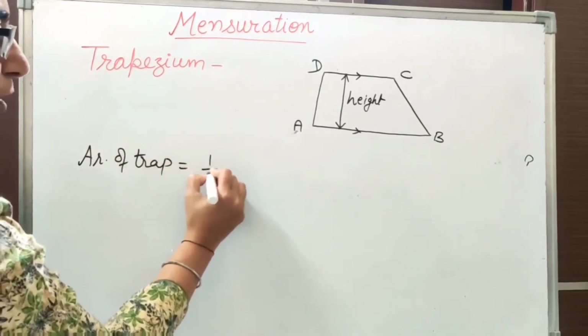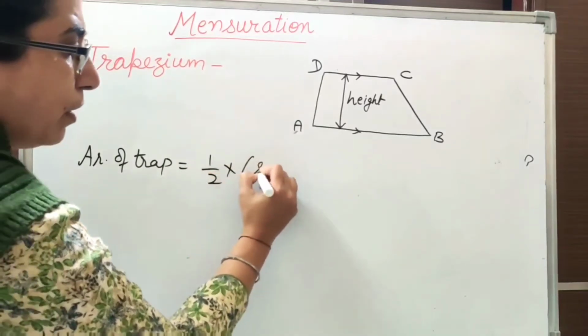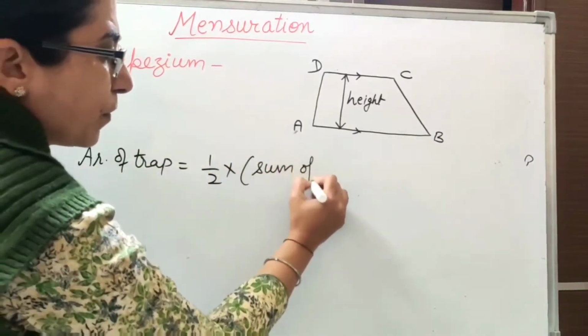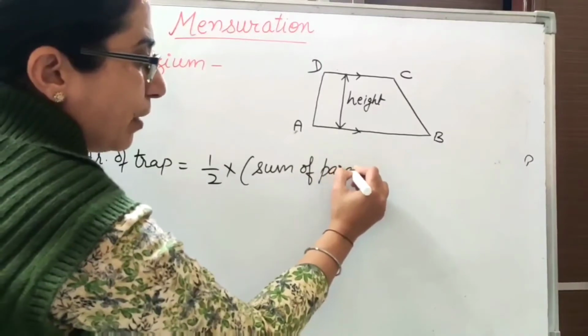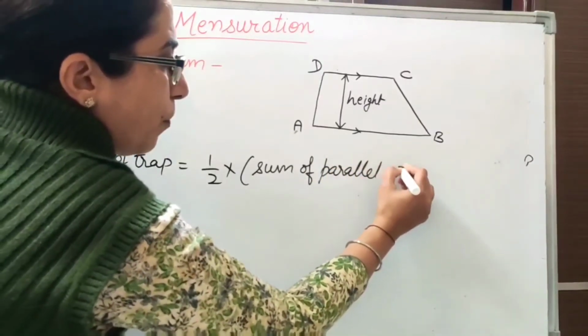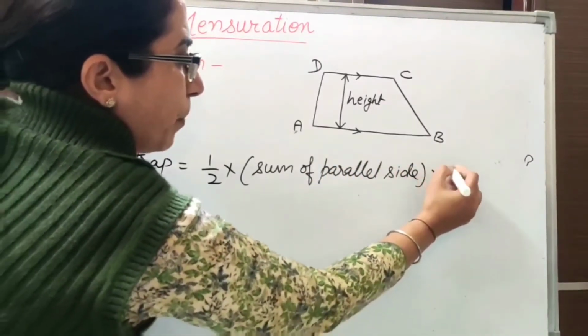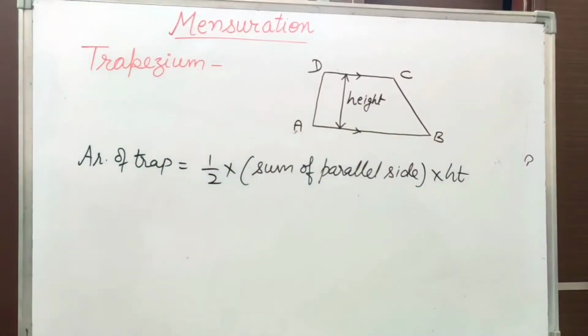the formula is 1 upon 2 multiply sum of parallel sides multiply height. This is the formula.